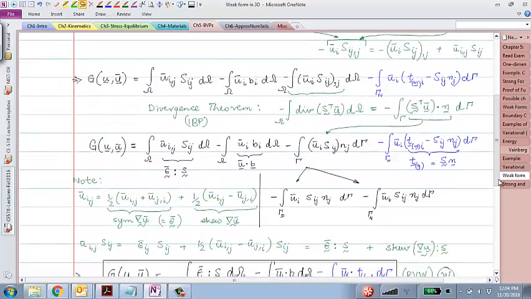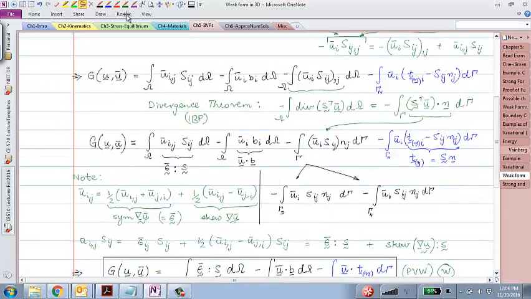So let's see which ones cancel off. Note that this first term is over the entire boundary. This first term goes to 0 because this is the virtual displacement on the portion of the boundary that has real displacement specified. So this is because of homogeneous essential boundary conditions. That's the condition that we have already assumed.